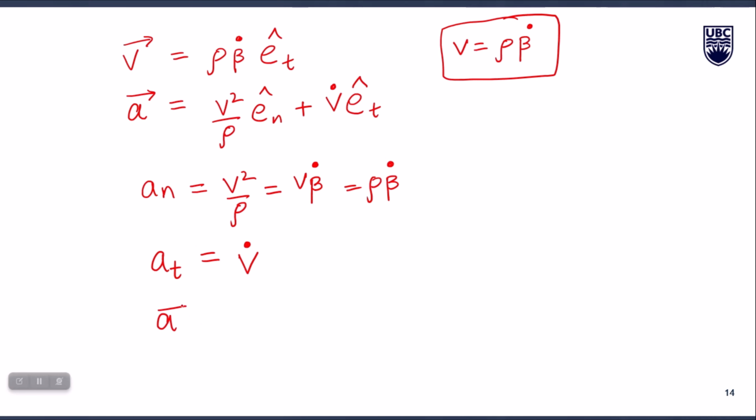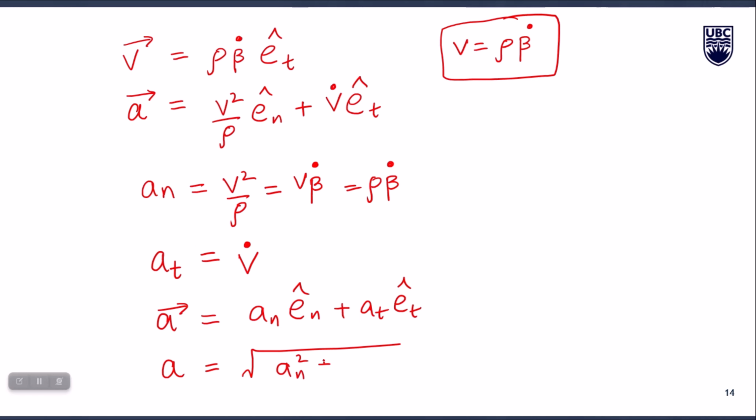And we can finally write the acceleration vector as a sub n times e sub n unit vector plus a sub t times e sub t unit vector. The magnitude of the vector will simply be the square root of a sub n squared plus a sub t squared, right? So these are all the relationships which we have studied.